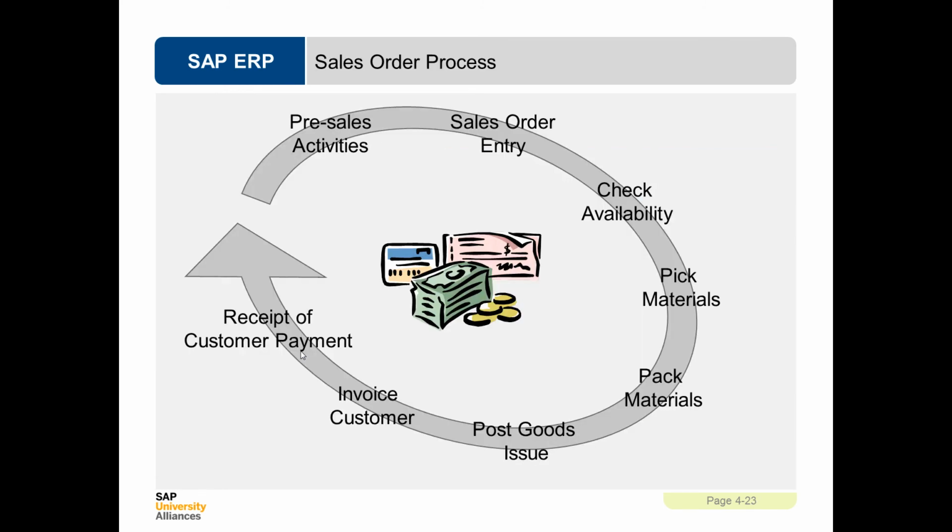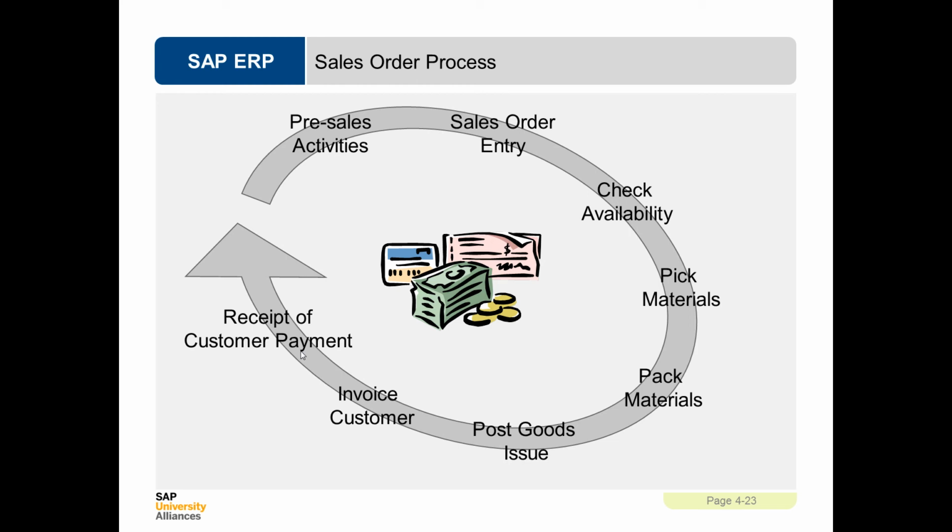Now, I've shown you the business process diagram earlier for the sales order process, and the slides from this point forward go into the sub-processes in additional detail. And it's important for you to take time to review these slides on your own and let me know if you have any questions about the sub-processes in particular.